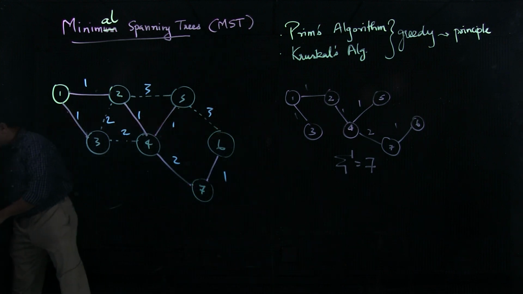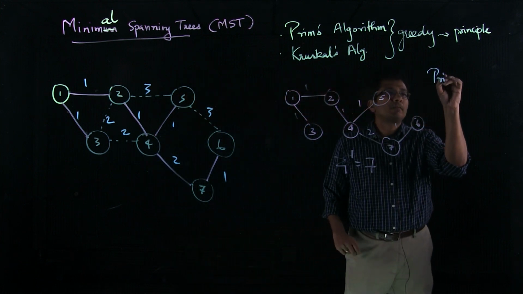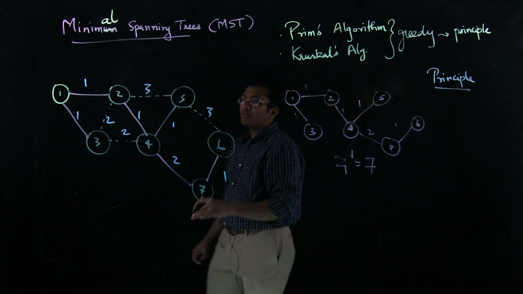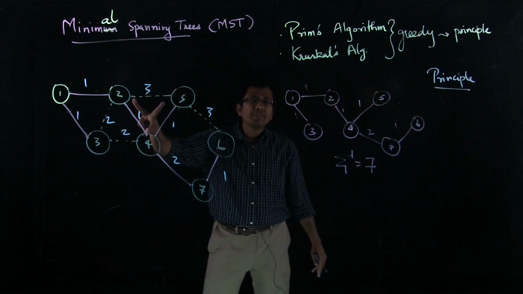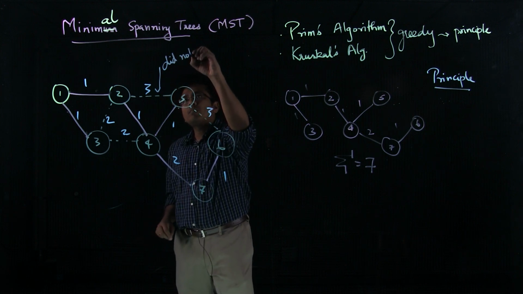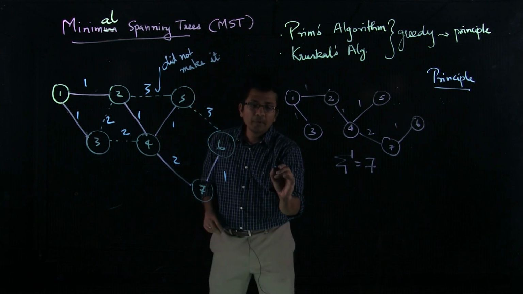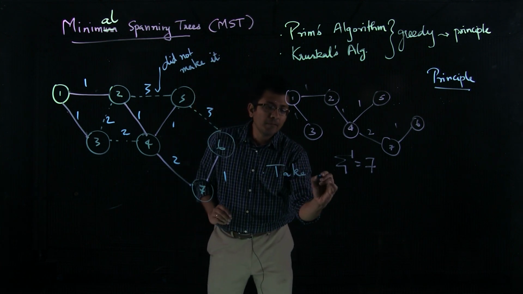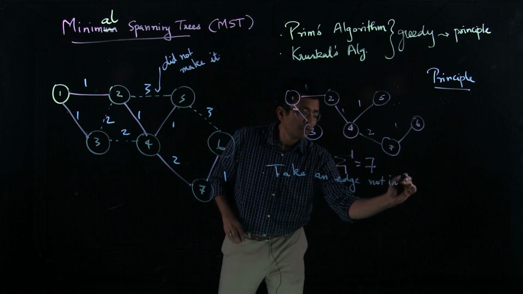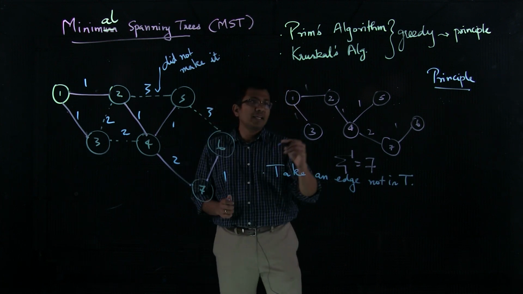Now there is a very, very simple principle to know when a spanning tree is minimum. So if I take any of these edges that did not make it, number 1, take an edge that is not in T. So for example, let's take the edge 2 to 5.